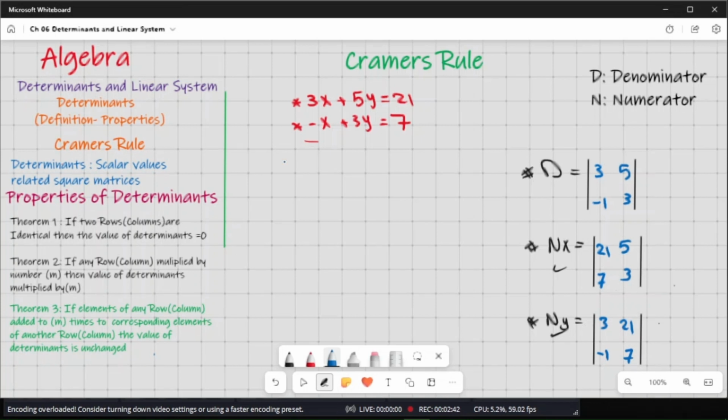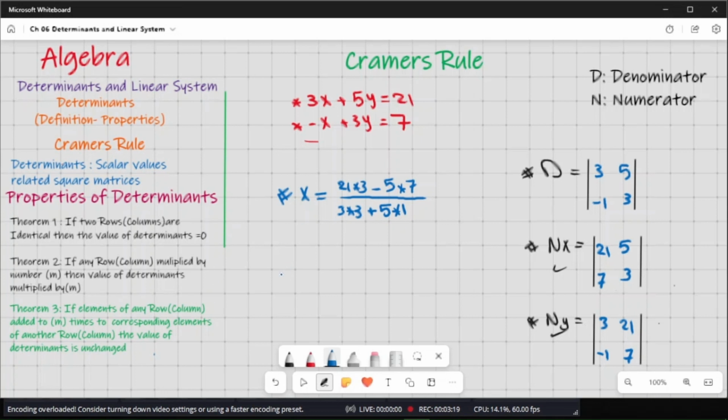From here, if we are asked to solve this linear system, x will be equal to 21 into 3 minus 5 into 7 by the value of d, which is 3 into 3 plus 5 into 1.